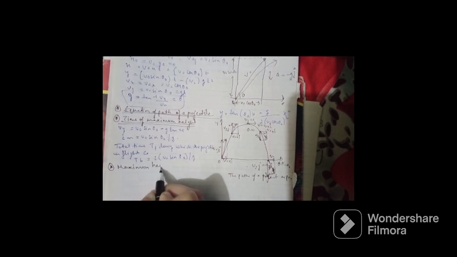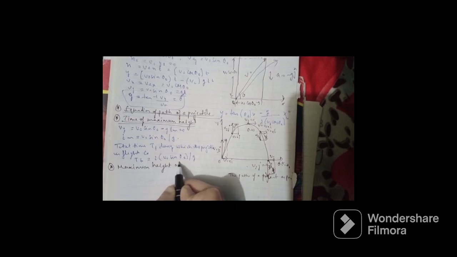Now we discuss the maximum height of a projectile. The maximum height Hm reached by the projectile can be calculated by substituting t equals Tm.